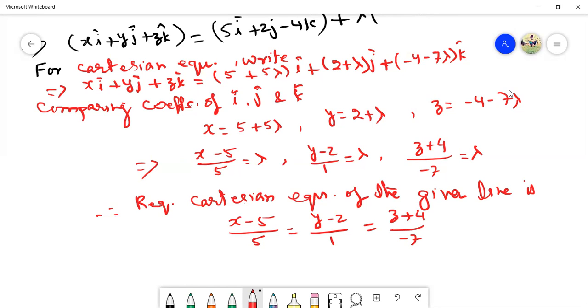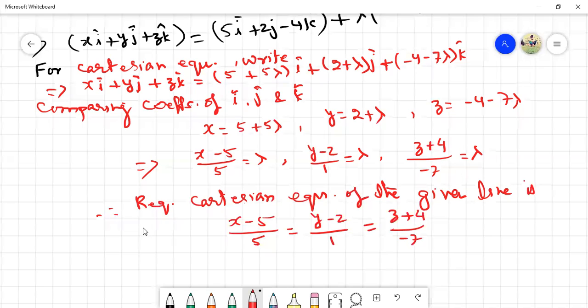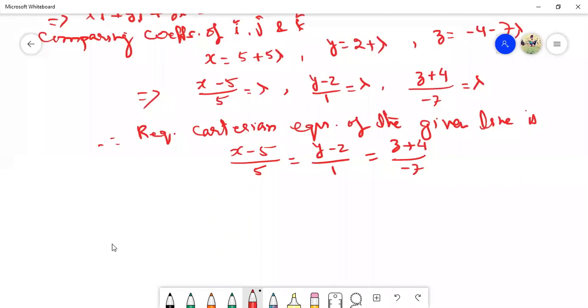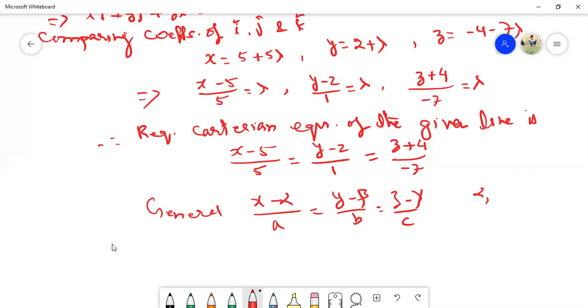Okay. So in our college time for 3D, the general equation we write is x minus alpha upon A, y minus beta upon B, z minus gamma upon C, where ABC are the direction ratios, and alpha, beta, gamma is a point which lies on the line.